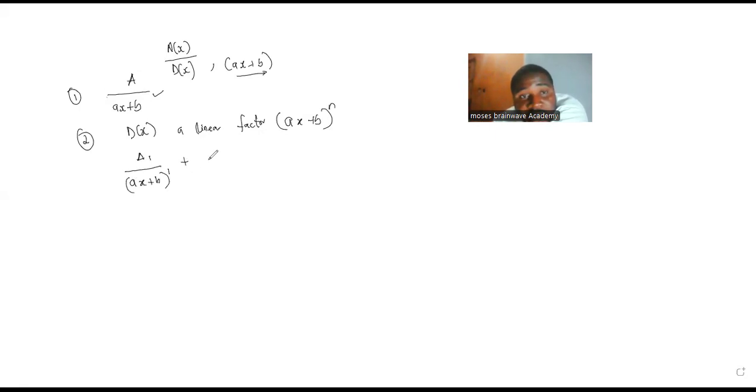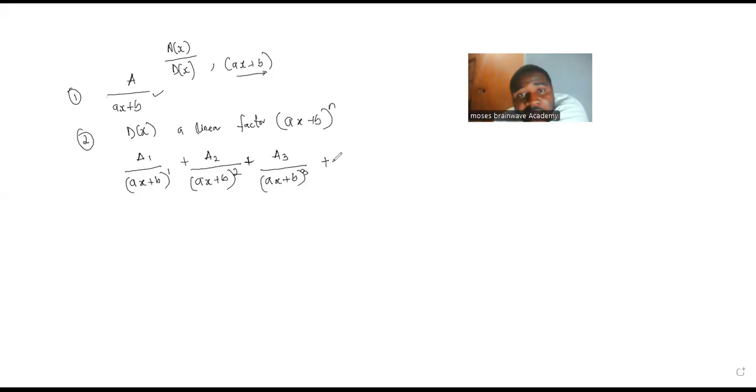We're going to be adding it to a2 upon ax plus b. This is going to be the second one. Plus, if this is more than 2, assuming it is 3, then you're going to have a3 upon the third one, which is ax plus b raised to power 3.